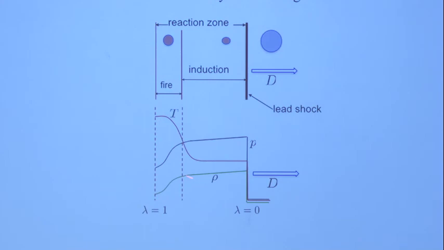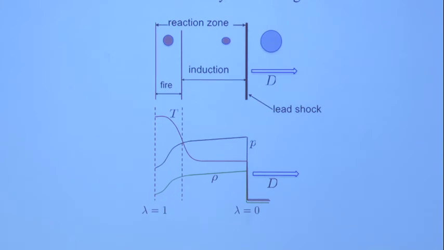So this is typically the structure. Lambda is used very often as a progress variable in the detonation literature. So the progress variable could be, for example, the mass fraction of the product, which is 0 at the shock, and then 1 when there is complete burning, when everything is burned, right? So it goes from 0 to 1.